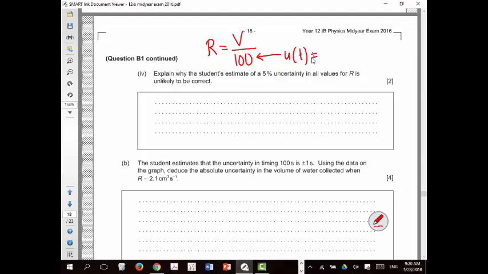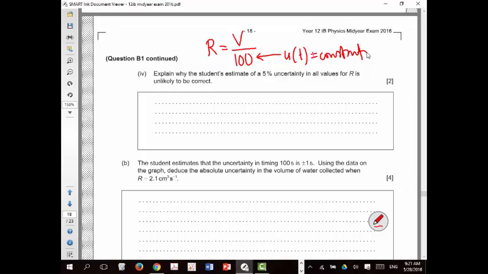The uncertainty in the time is constant. The absolute uncertainty in the volume, because he or she is using the same measuring cylinder throughout the experiment, whether measuring a small volume or a large volume, should be the same because it's got the same tick marks. It might be like plus or minus a milliliter or whatever.